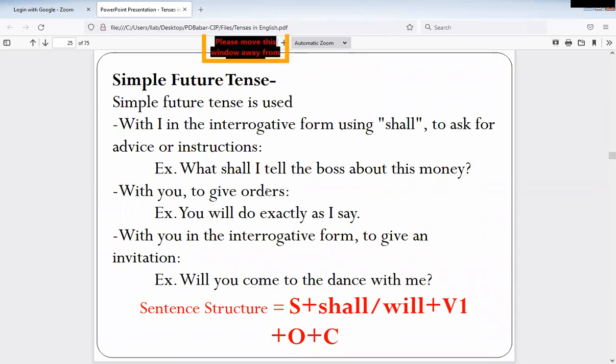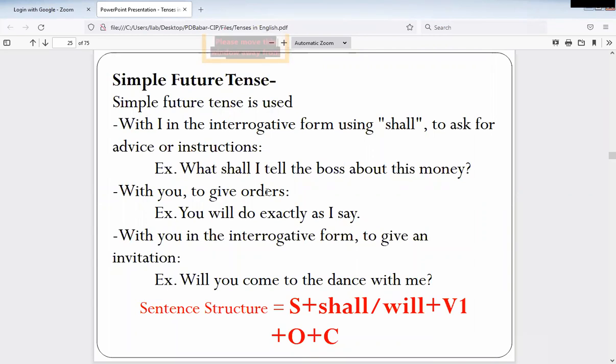So for giving an invitation also, with an interrogative form, we use will. So, will you come to dance with me?